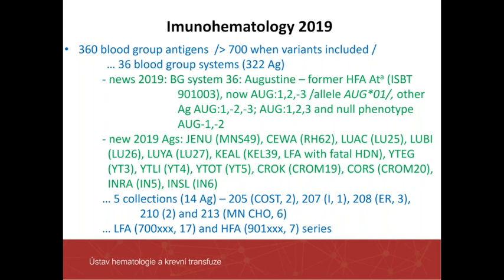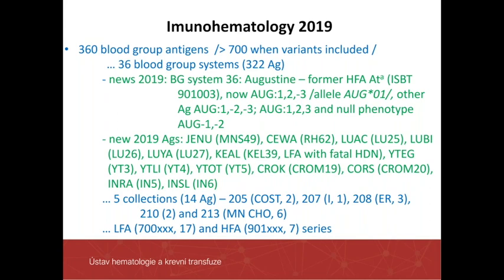How complicated the situation is now could be illustrated by the fact that we know now 360 blood group antigens, and even more than 700 when we include variants and partial antigens.